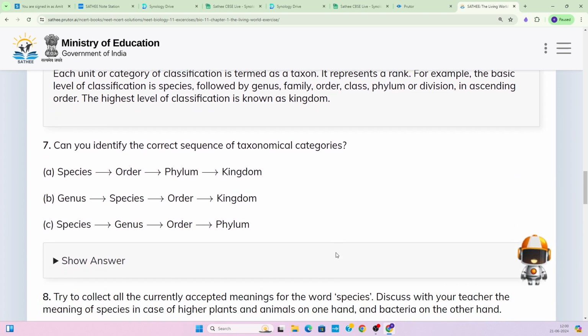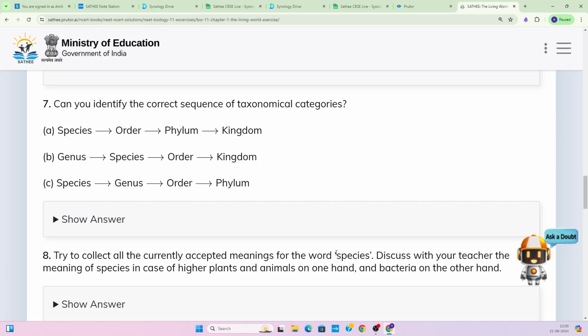Okay, let's move to our next question. Can you identify the correct sequence of taxonomical categories? A: species, then comes order, then phylum, then kingdom. B1: genus, species, order, kingdom.